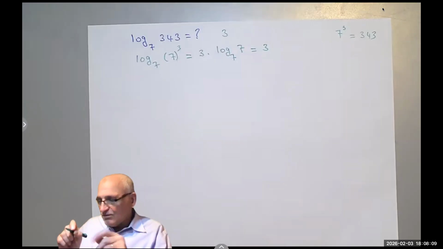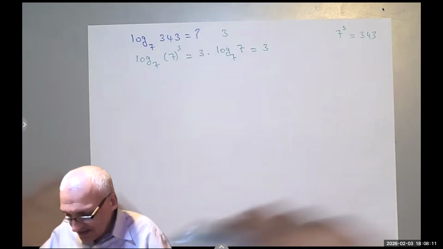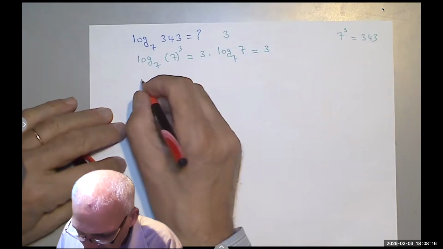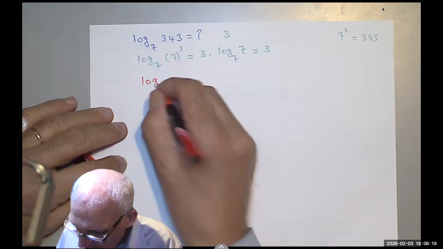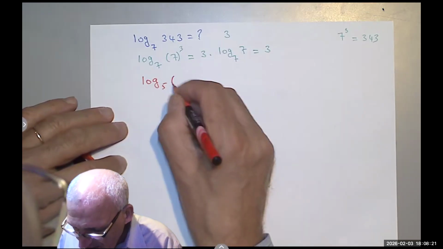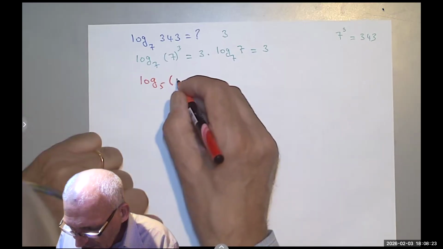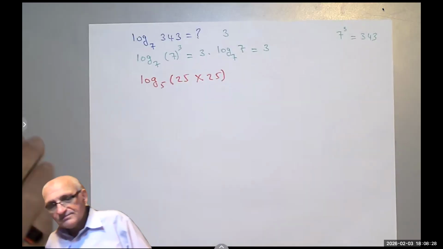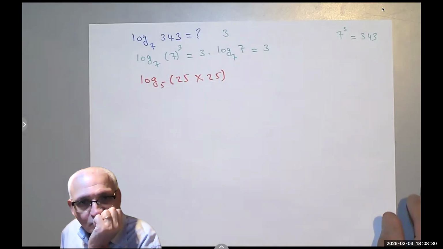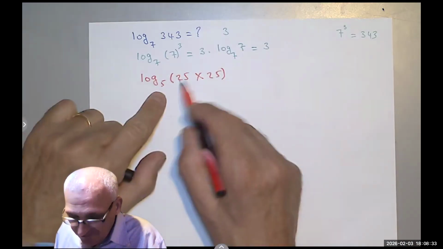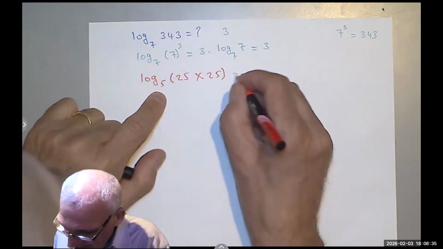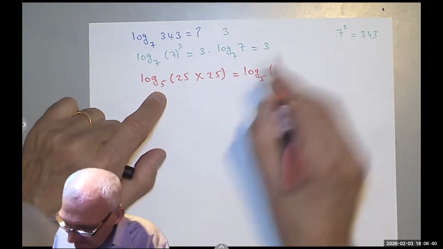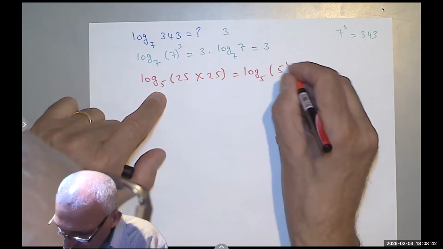Okay? Now, let's take some other examples. For example, what if I say, find the log, say, to the base 5 of 25 times 25? Well, I know that 25 is 5 squared. So I'm going to write it as log to the base 5 of 5 squared times 5 squared, or 5 to the fourth power.